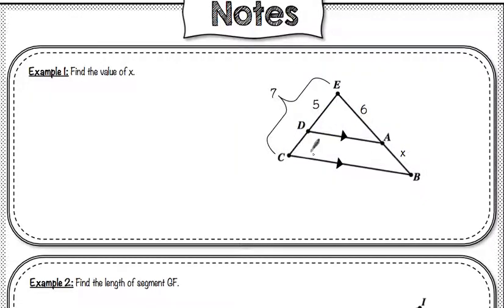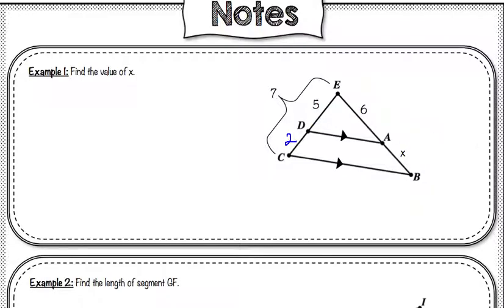So I've got two triangles, a small one and a large one, and I have two segments that are parallel to each other. I'm going to look to see, do I have 1, 2, 3, 4 numbers? Well, no, not exactly. I'm missing one. So if this side is 7 and this little piece is 5, the missing portion is 2. So yes, I have 4 numbers or variables, 1, 2, 3, 4.